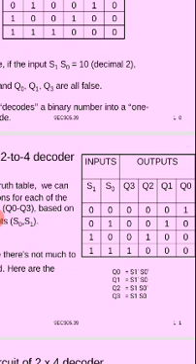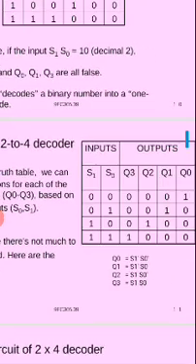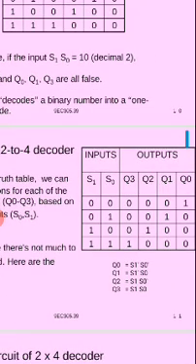For S1 S0 and outputs Q3, Q2, Q1, Q0, for 0 0, Q0 is 1, for 0 1, Q1 is 1, for 1 0, Q2 is 1, and for 1 1, Q3 is 1, and the rest all become 0.